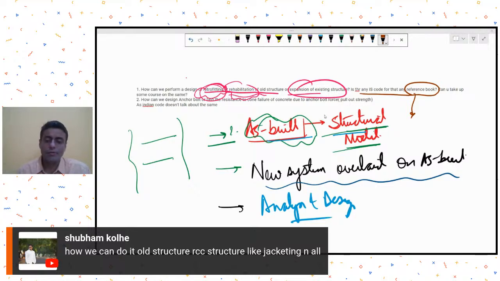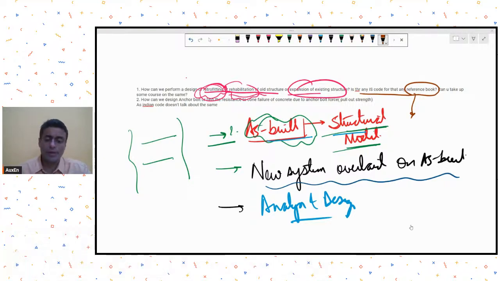If your member is failing in shear or flexure, carbon wrapping may provide some retrofitting possibilities. If it is failing in axial compression, maybe carbon wrapping is not a good solution. Maybe you will need to go with jacketing, or you will need to integrate some steel sections with it. So it will all depend on what type of forces, what type of structural failure is being observed. Depending on it, the retrofitting scheme will have to be developed.